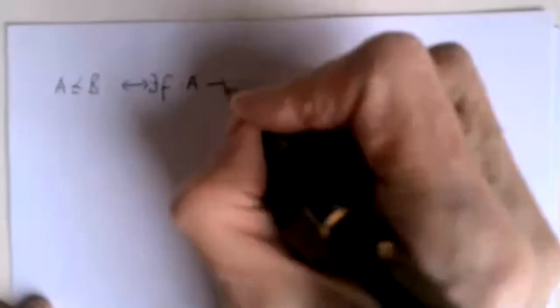So last time, let's recall the basic definition. We're saying A has a smaller size than B if there's some function which takes A into B one-to-one.